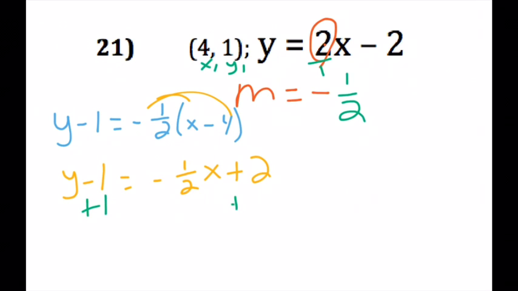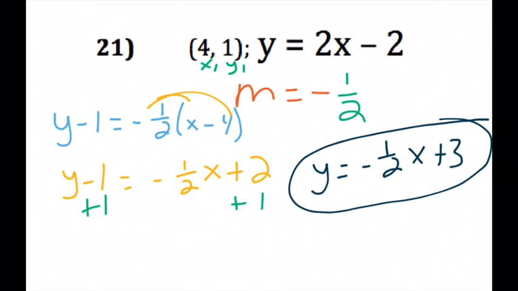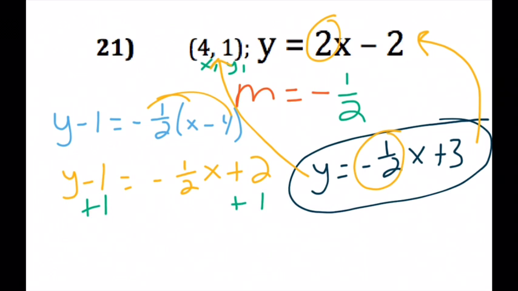Add 1 to both sides, and we get y equals negative 1/2 x plus 3. Now what I have is this line is perpendicular to this one because their slopes are opposite reciprocals, and this line goes through this point.